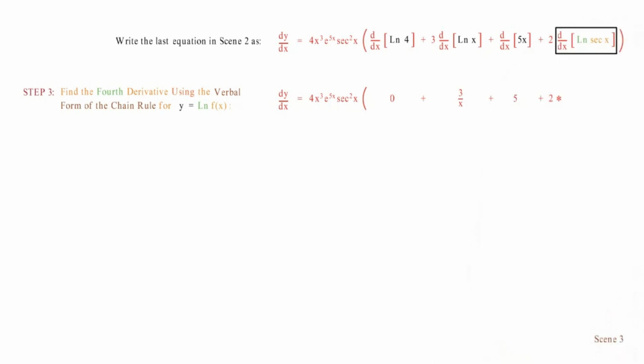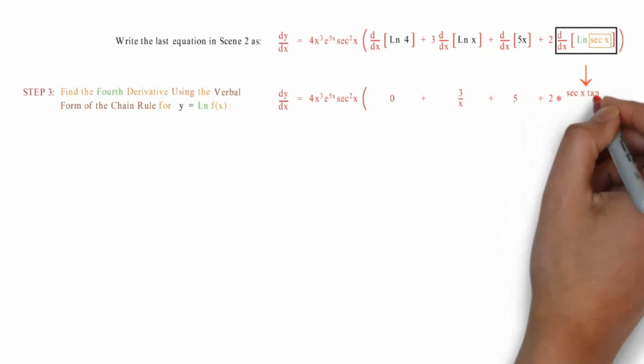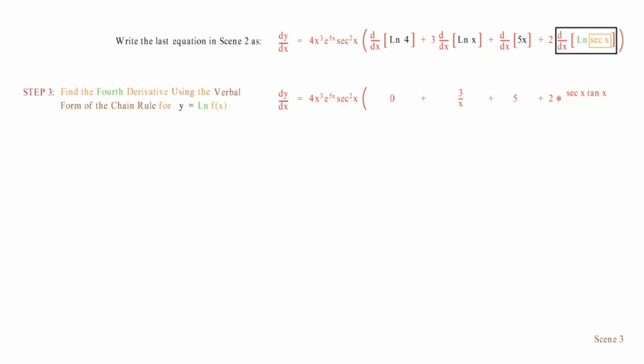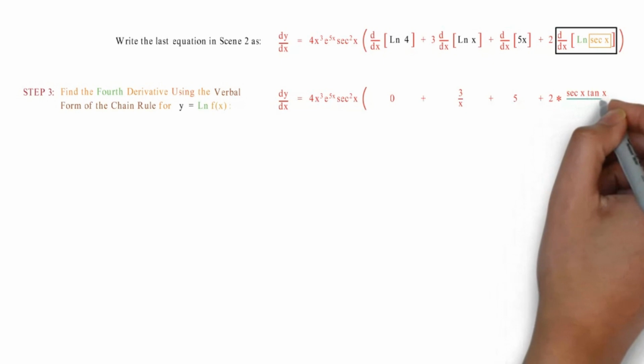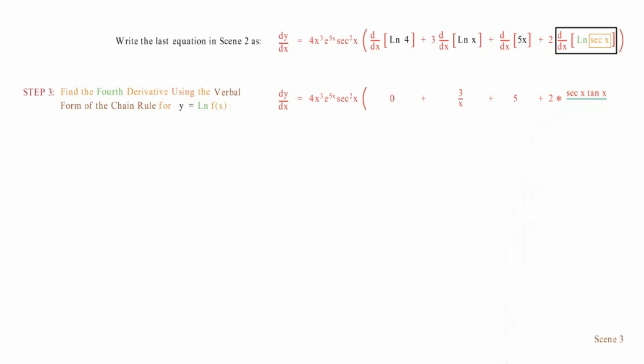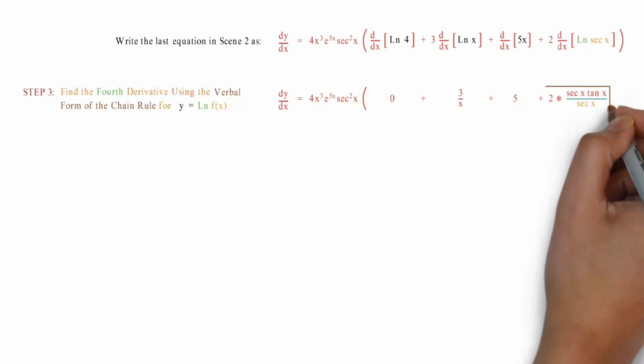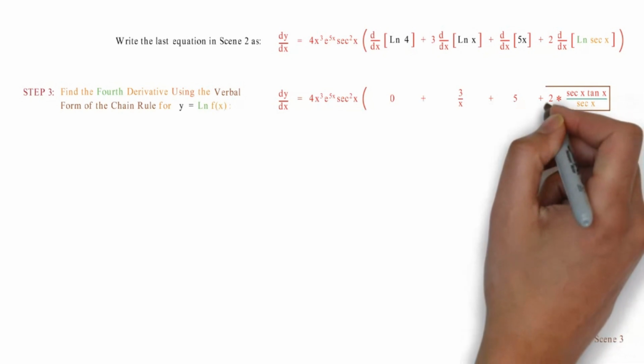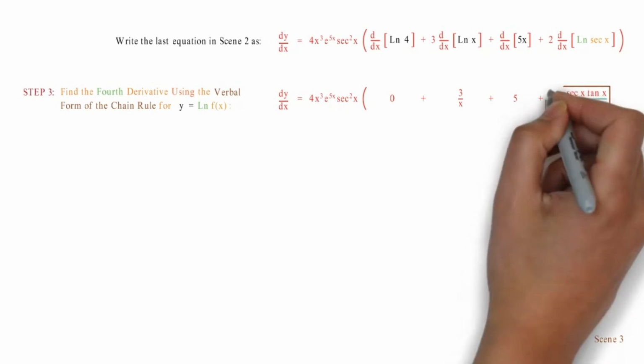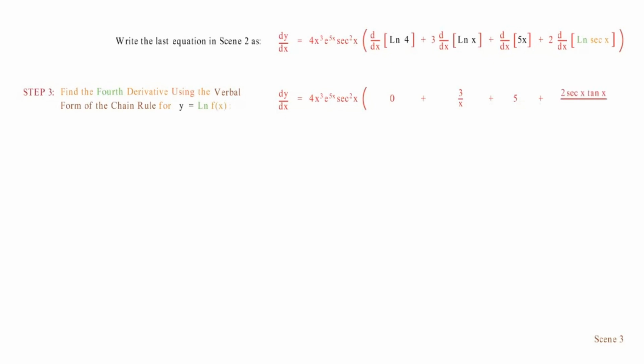This derivative equals the derivative of the argument of ln is the derivative of sec of x, which is sec of x tan of x, divided by is divided by the argument of ln as before is sec of x. 2 times sec of x tan of x divided by sec of x is equal to this expression.